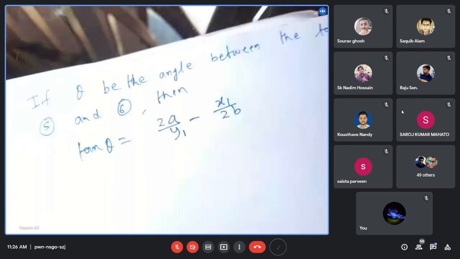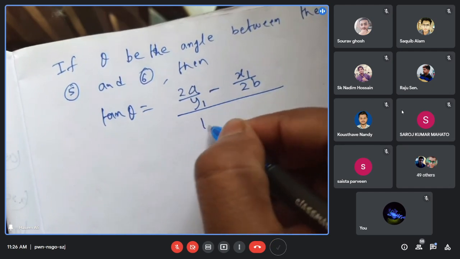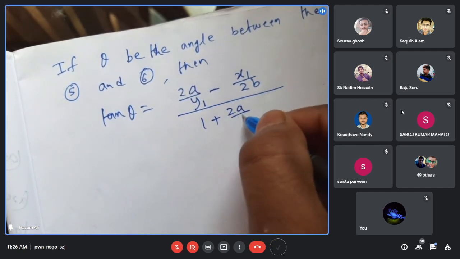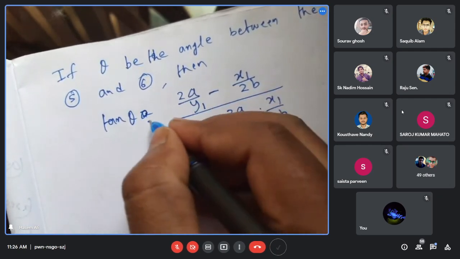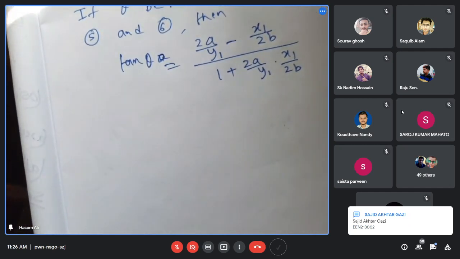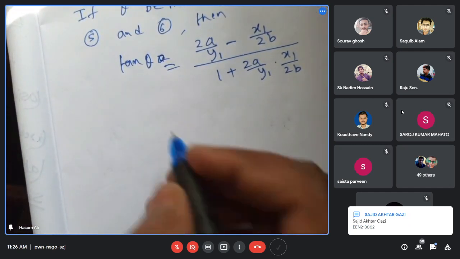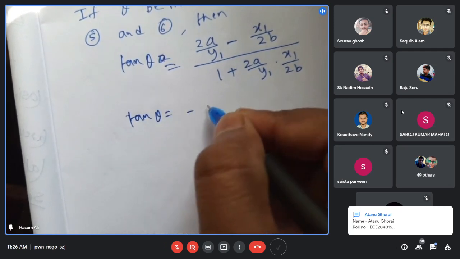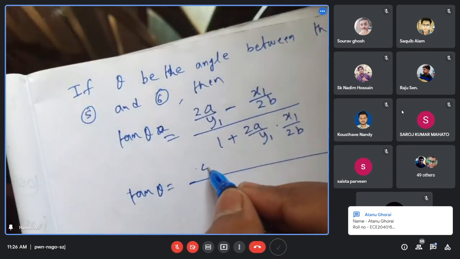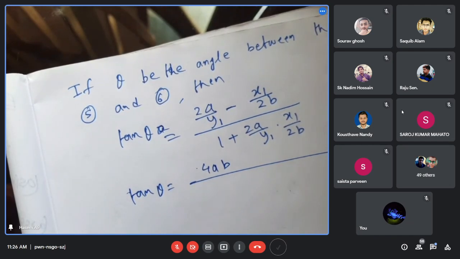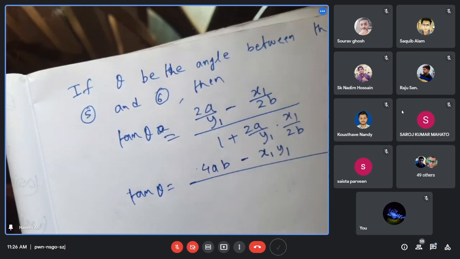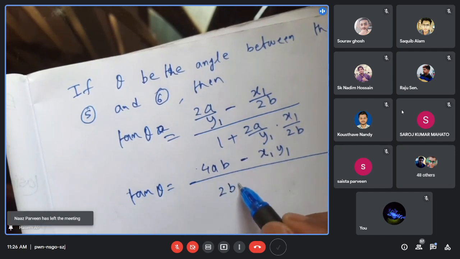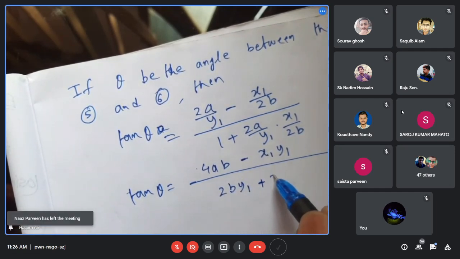So tan theta is m2 minus m1 divided by 1 plus m1 m2, 2a by y1 into x1 by 2b. So tan theta equals to 4ab minus x1 y1 divided by 2b y1 plus 2a x1.